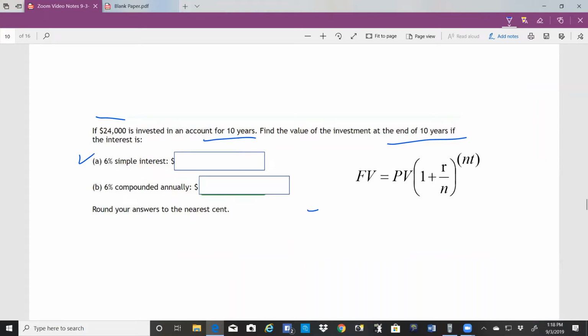For simple interest, it's equal to principal times the rate times the time: 24,000 times the rate, which is 6%, and the time is 10 years. If you multiply this out, you get $38,400.